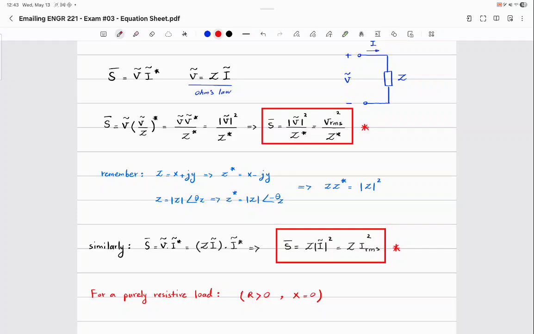What happens? You forget that one of the equations has Z conjugate, the other one is just Z. That's a very common mistake. Are you following what I'm saying? The one with the voltage, where Z is at the denominator, appears with a conjugate, but the one with the current doesn't have any conjugate. So you need to remember that.